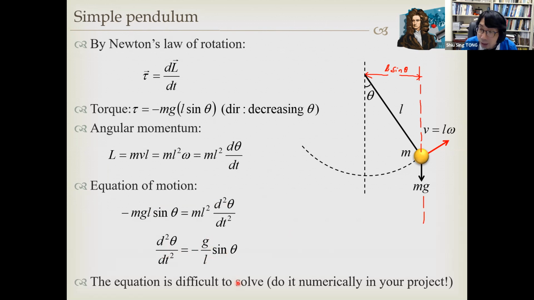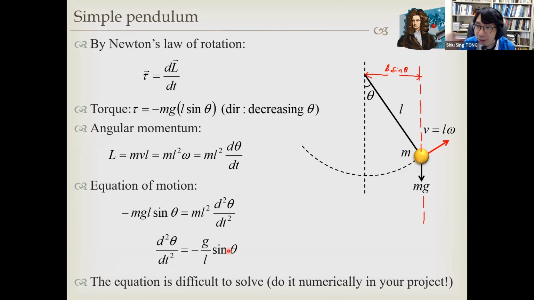Now this equation is rather difficult to solve. It has an analytical solution, but I don't want to solve it at this level because it involves a complicated function known as the elliptic function, which you do not know. So I don't prefer to solve it analytically, and I will leave it to you to solve it numerically. In one of your projects, you will solve this equation for a general angle theta.